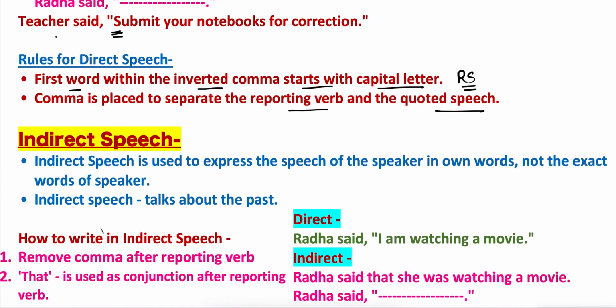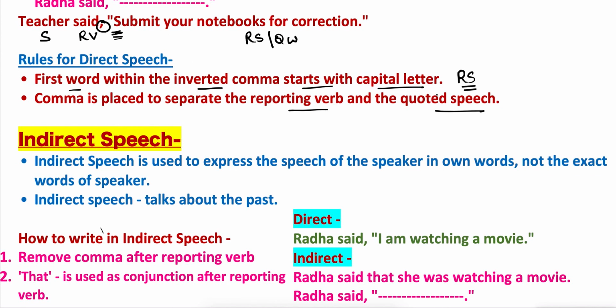So, this is the speaker, this is the reporting verb, and this is the reported speech or quoted words. So, the first letter of the reported speech must start with a capital letter. Second, the reporting verb and the quoted speech should be separated by a comma here. So these are the two rules for writing in direct speech format.